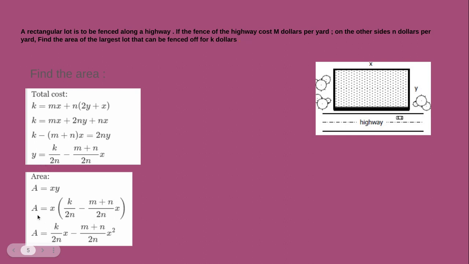A is equal to x quantity of k all over 2n minus m plus n all over 2n x. Then multiply x by k all over 2n, then it will be k all over 2n x minus, multiply x by m plus n all over 2n x, then it will be m plus n all over 2n x squared.